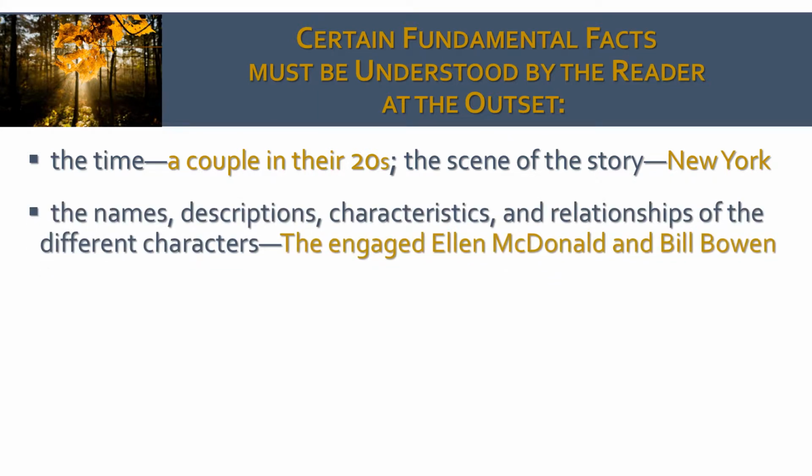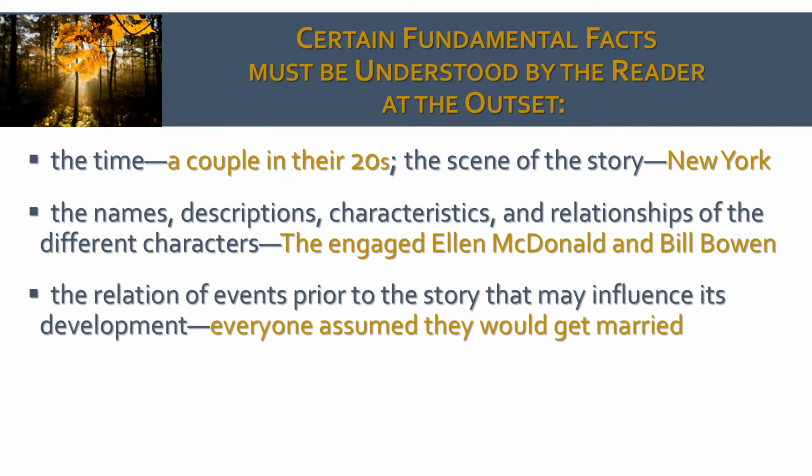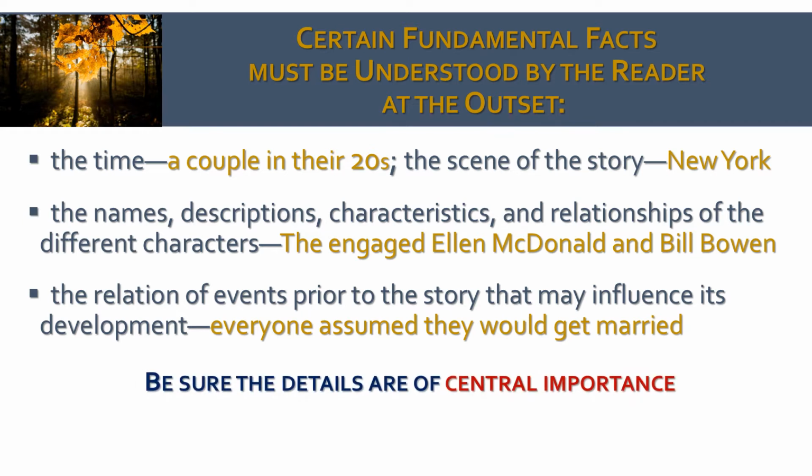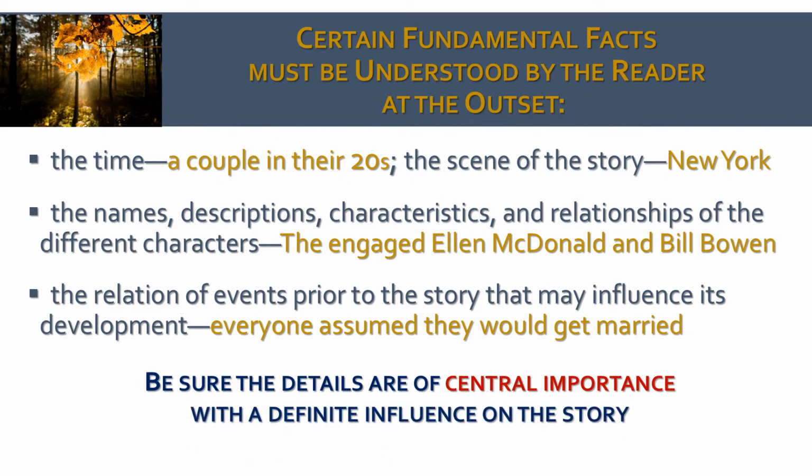The names, descriptions, characteristics, and relationship of the different characters, Ellen McDonald and Bill Bowen. The events prior to the story that may influence its development: everyone assumed they would get married. Be sure the details are of essential importance, with a definite influence on the story by having this knowledge up front.